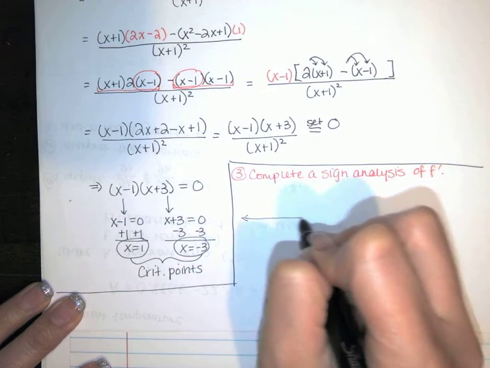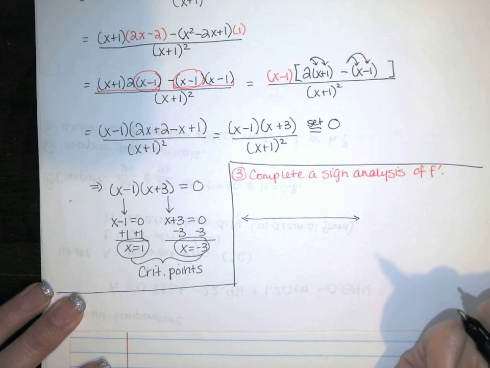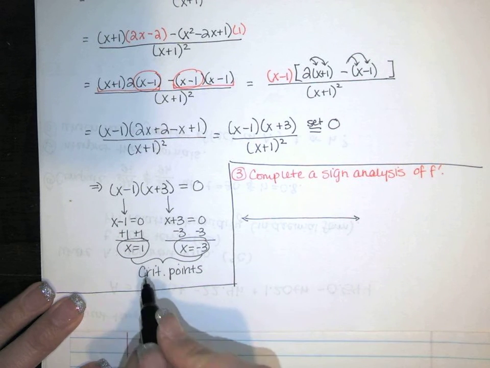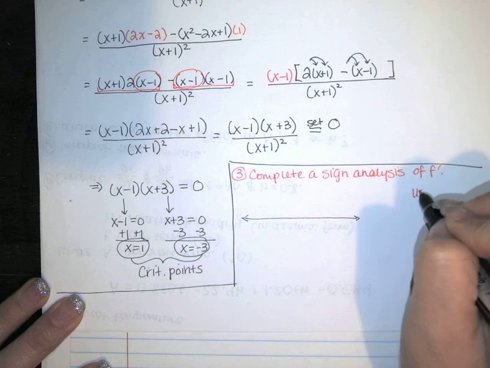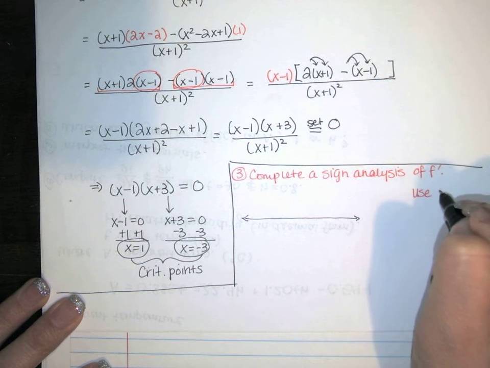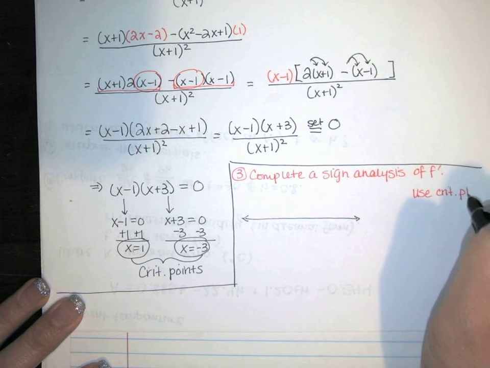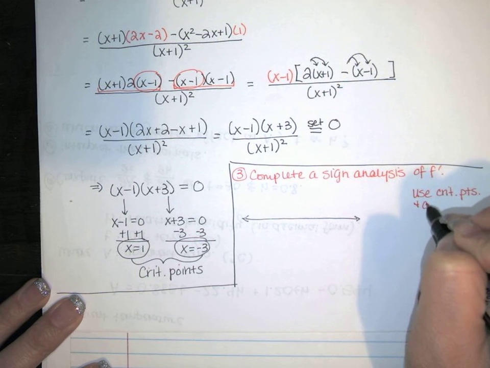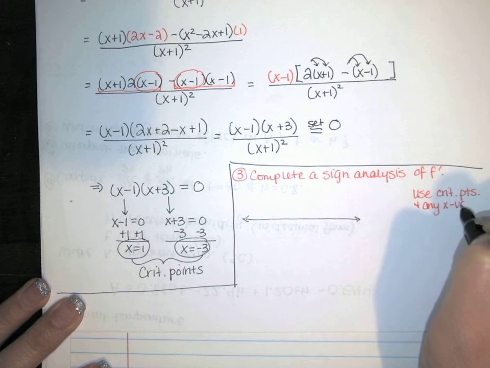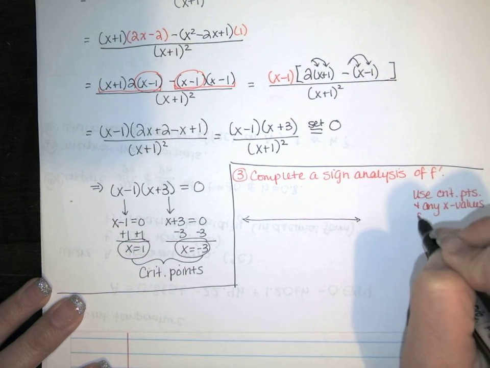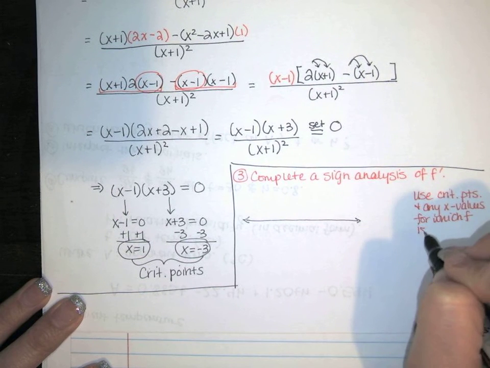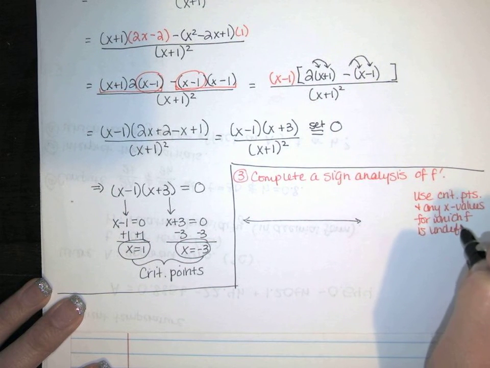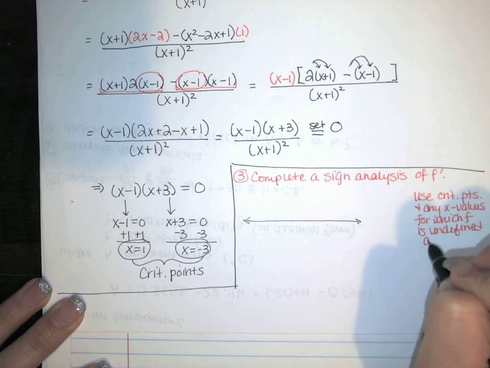So you draw a number line, and you need to put these critical points on the number line. So we're going to use the critical points and any x values for which f is undefined as tick marks on the number line.